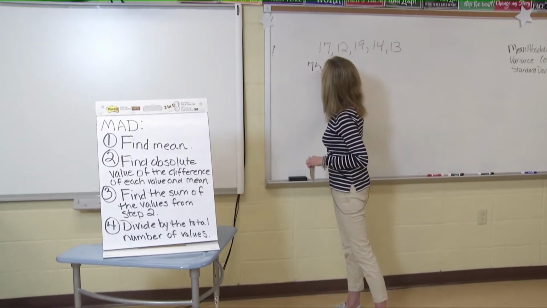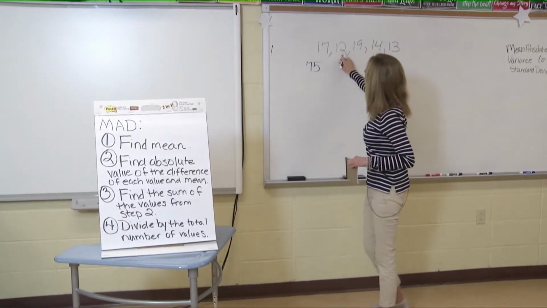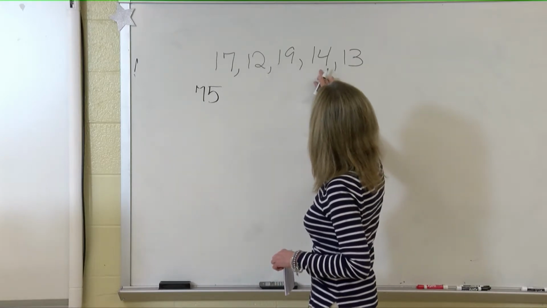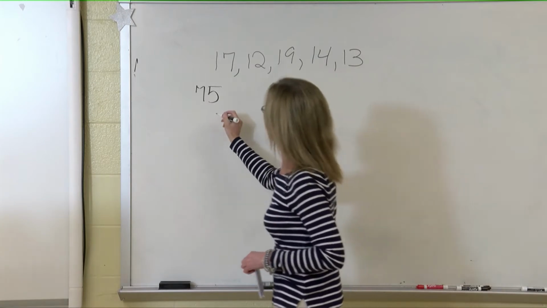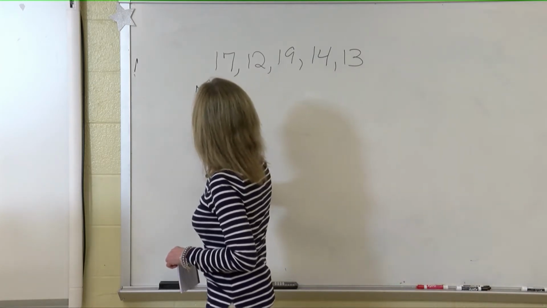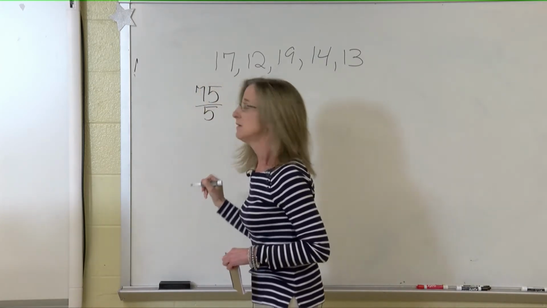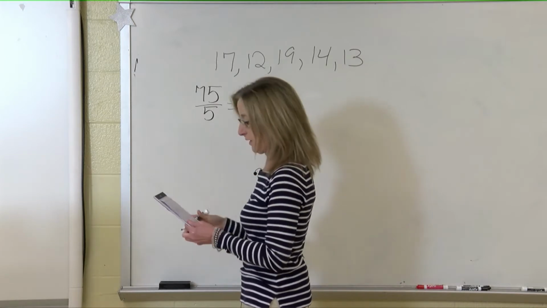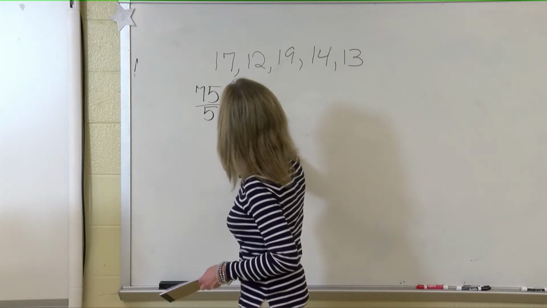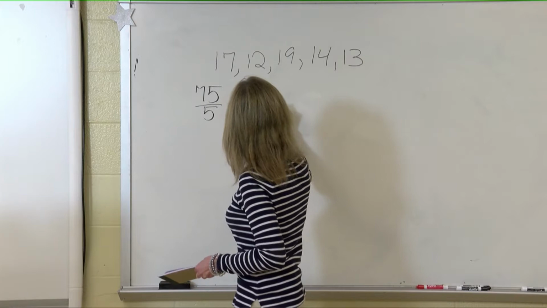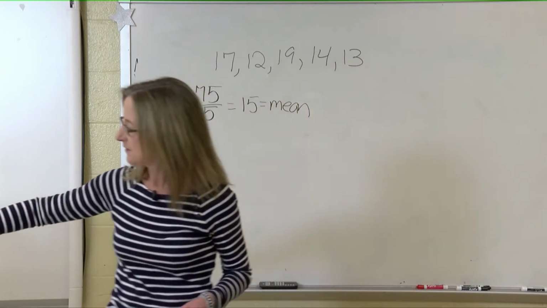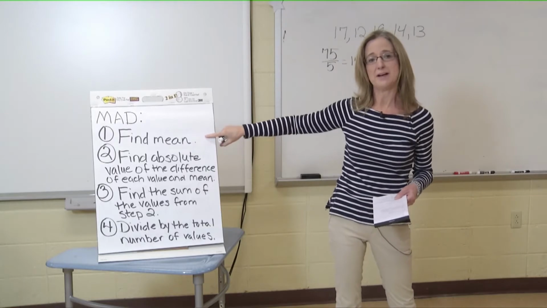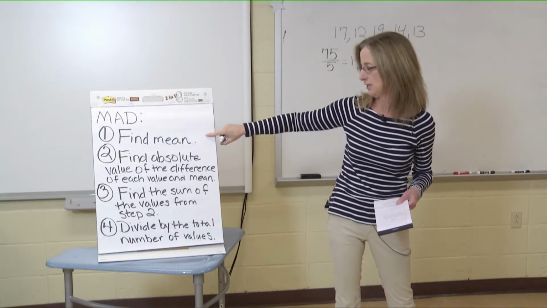And we get 75. 1, 2, 3, 4, 5 total points. 75. We divide by the total number of points, 5, and we get what? 75 divided by 5 is 15. 15 is our mean. That's our first step in finding our mean absolute deviation.